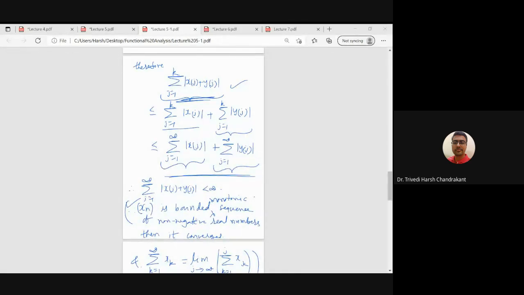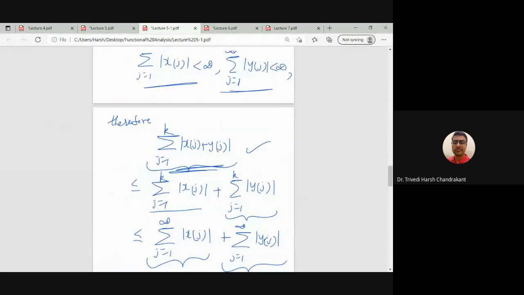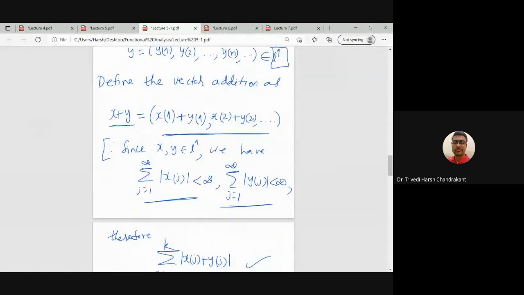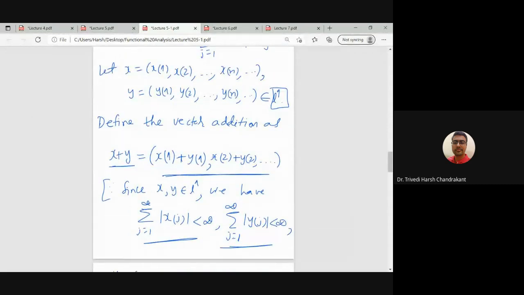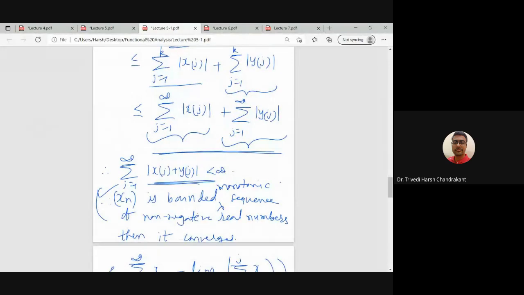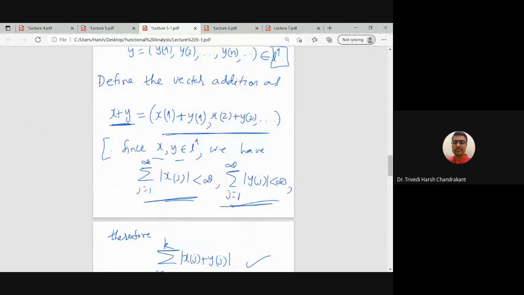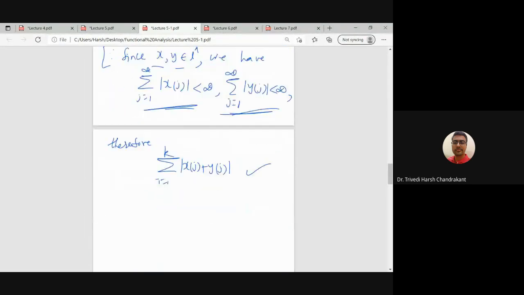Okay, so what we have shown is that x plus y is also in L1, because we used that x and y belong to L1. So these two series converge, and therefore this series converges, and this series corresponds to the sequence x plus y, because we are using the coordinates of that.